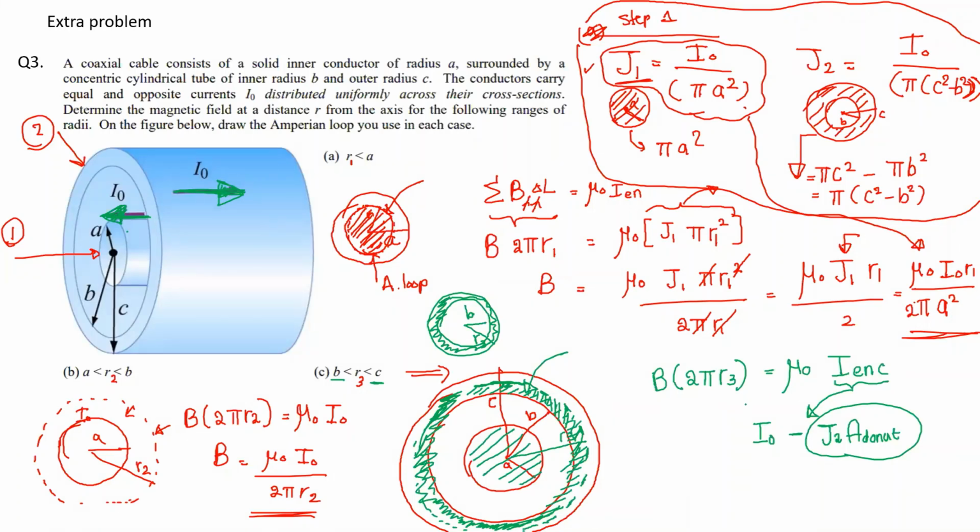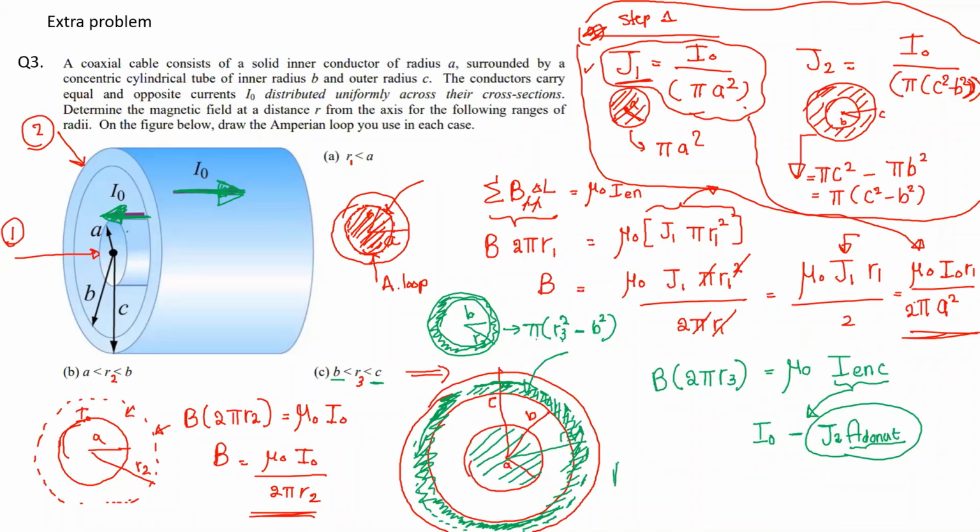Very good. So the area, A donut, is pi R3 squared, that is my bigger circle, minus the small circle, pi B squared. Pi R3 squared minus pi B squared.